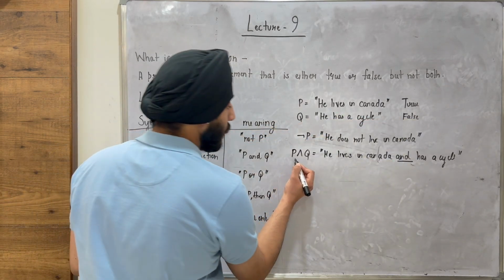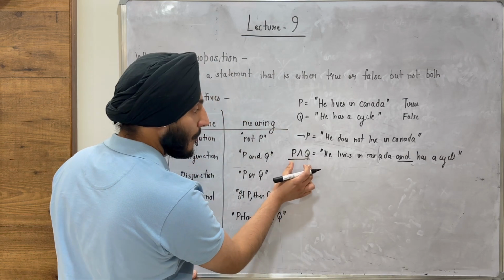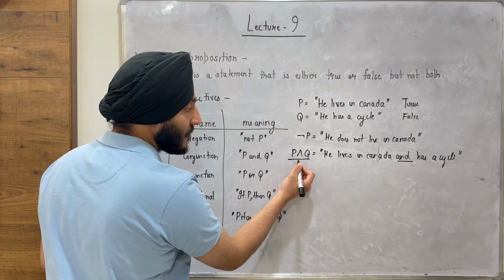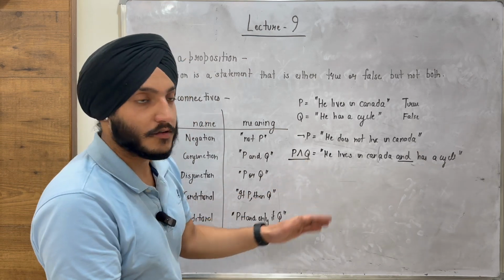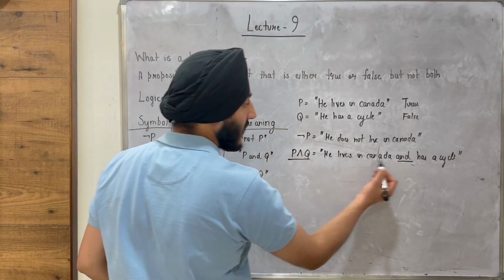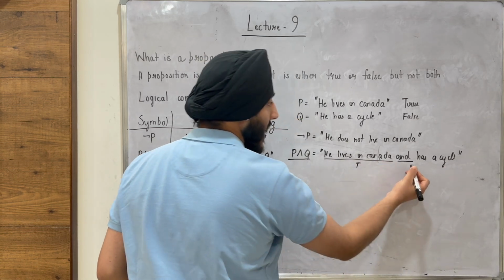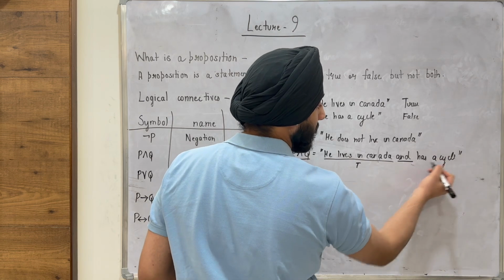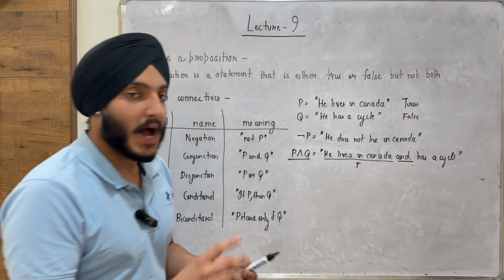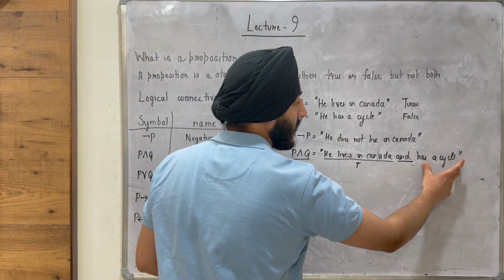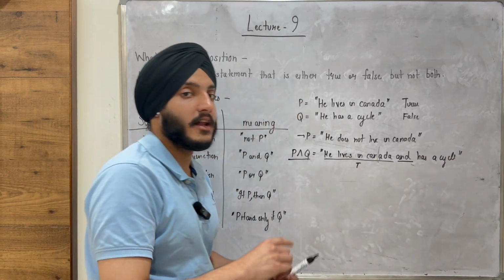Now, when I try to form the conjunction, which is also a proposition, think about it, this conjunction is either true or it is false. So he lives in Canada, this portion is true over here, and he has a cycle, but this portion is false. But what happens is, in conjunction, since this sentence over here is false, this entire sentence itself is going to be false.